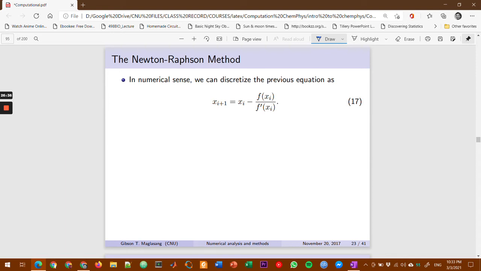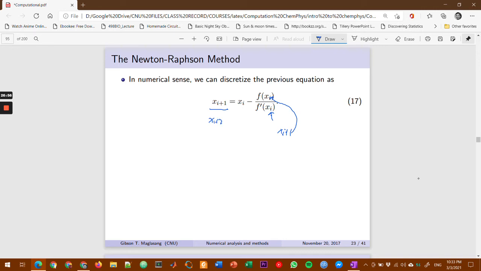So, we iterate. Take a good guess x sub i, substitute it there, and you will get x sub i plus 1. Next, you substitute x sub i plus 1 and you get x sub i plus 2.